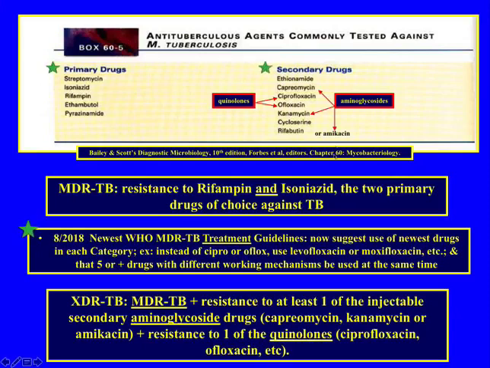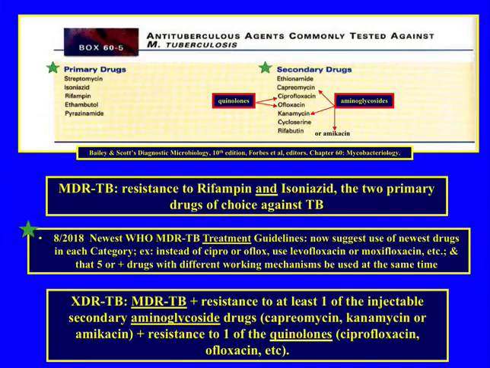So instead of just Cipro or Oflox, certainly we now have Levo or moxifloxacin, for example. And they suggest that 5 or more drugs with different working mechanisms be used at the same time for that type of resistance.